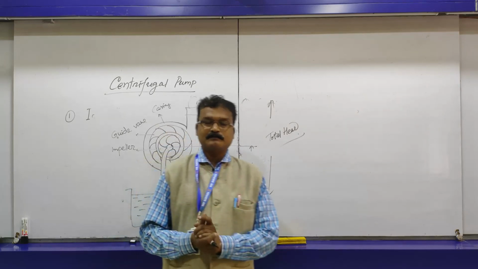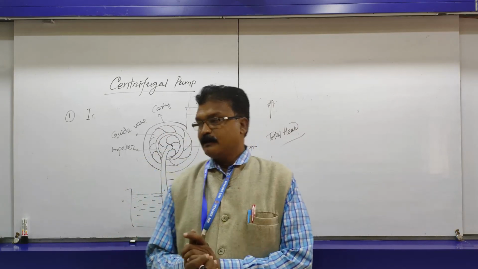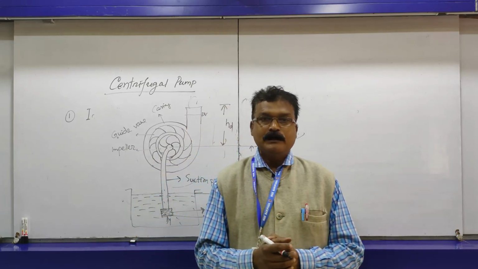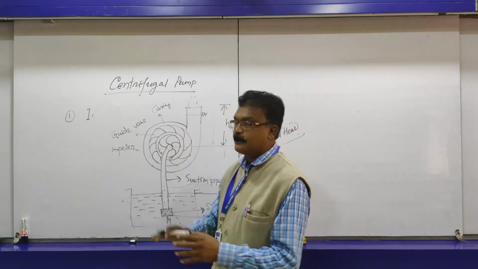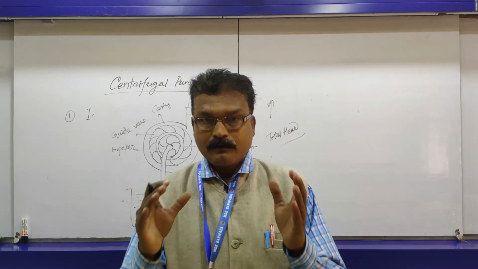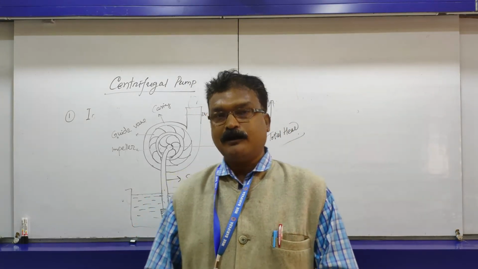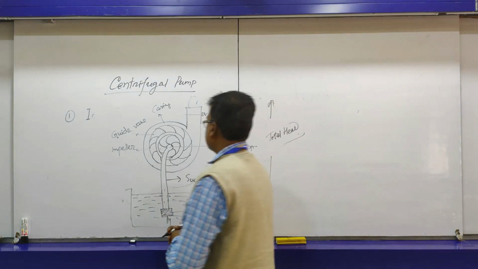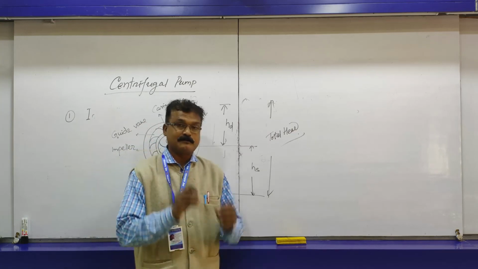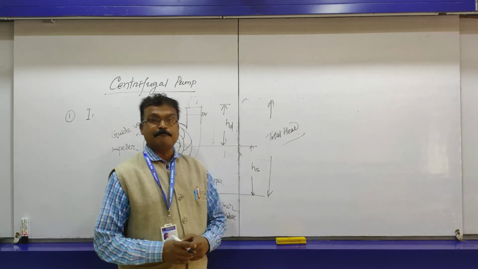Another thing: the centrifugal pump is like a reaction turbine, so the impeller must always be deep inside the water to convert the pressure energy to kinetic energy. So before starting the centrifugal pump, what process is done? It is known as priming.